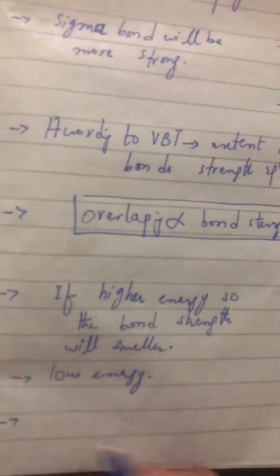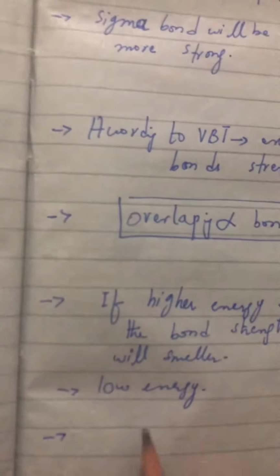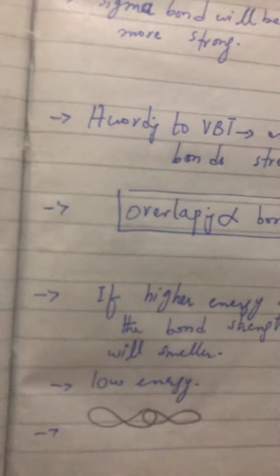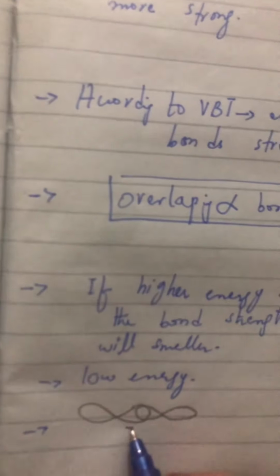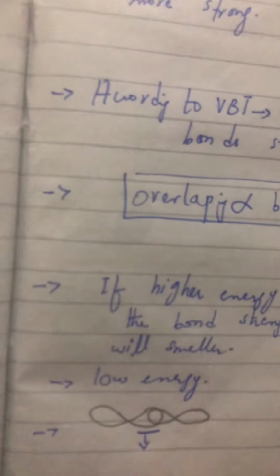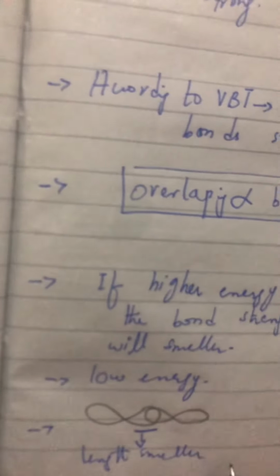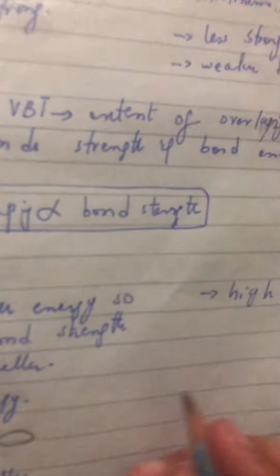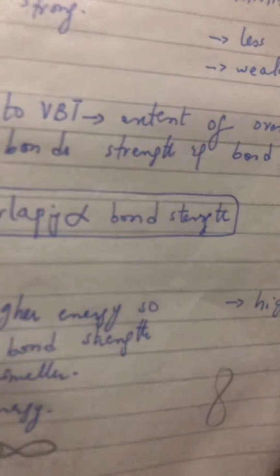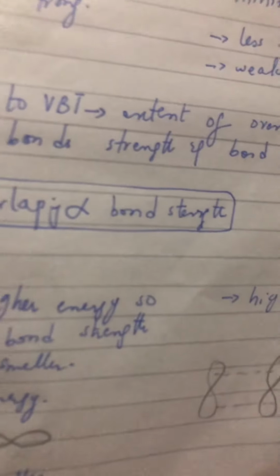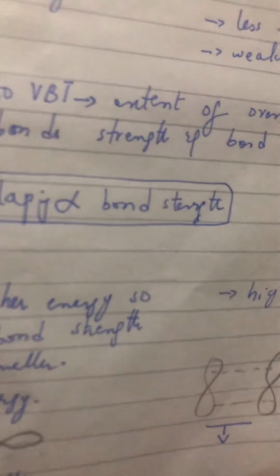After that, we have one more point. This is the axial overlapping. Here you can see the length is shorter, but in this one you can see the length is higher.